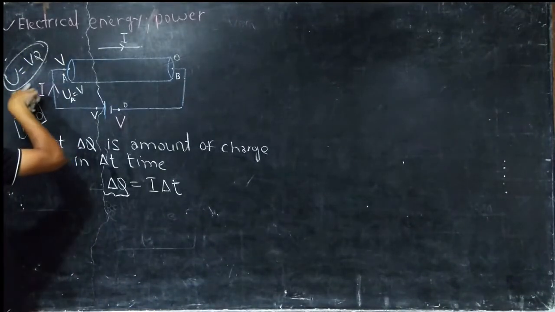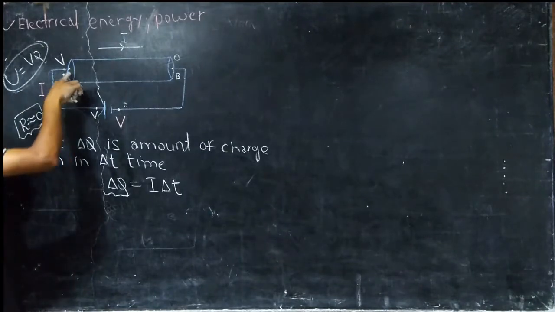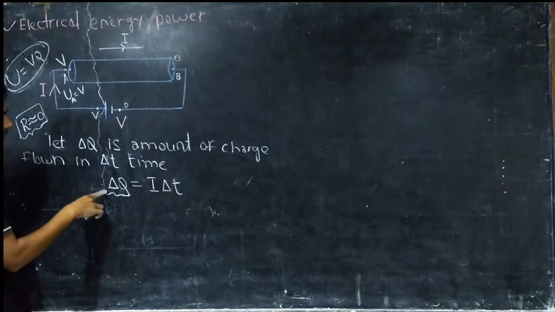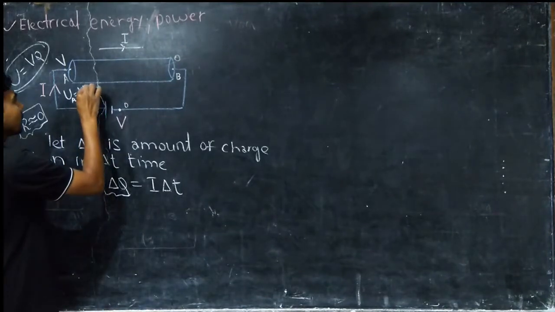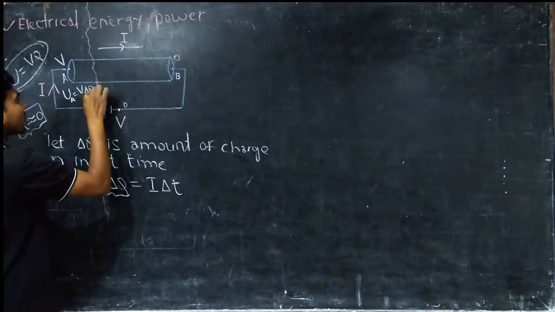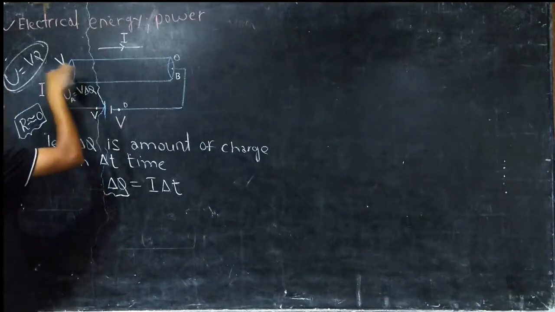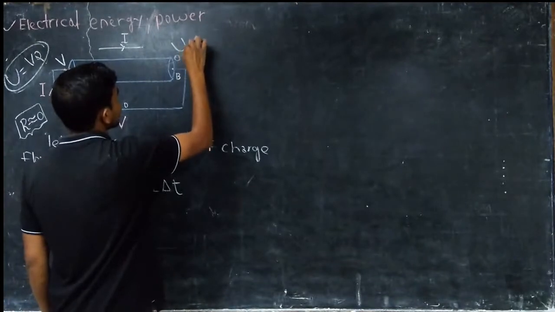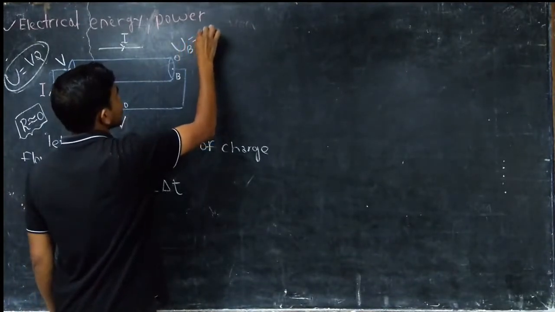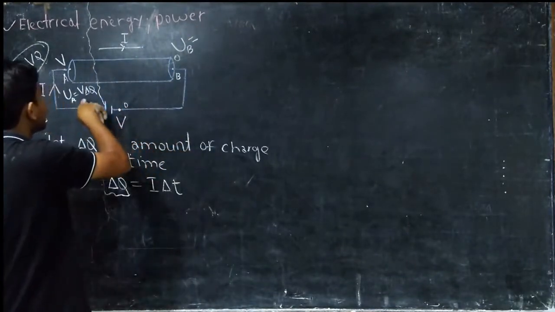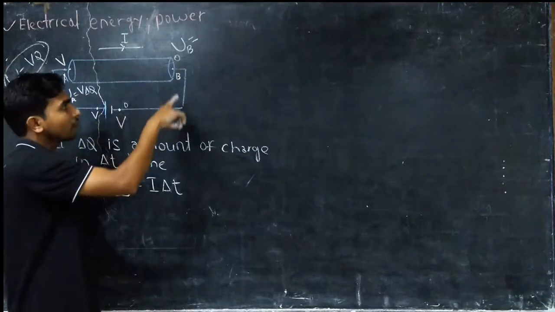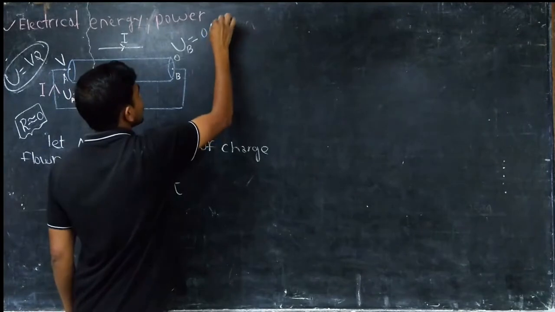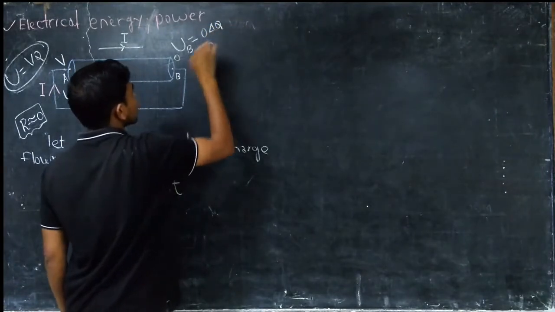At this point potential is V and charge is delta Q, so the potential energy of your charge is this much. But if I calculate the potential energy here at B, again we write V into delta Q, and your V is 0. So 0 into delta Q will be 0, right?